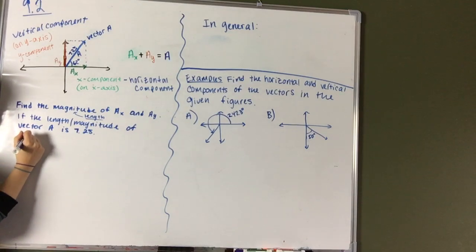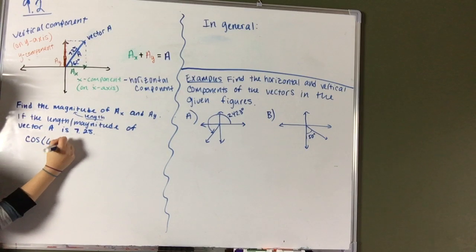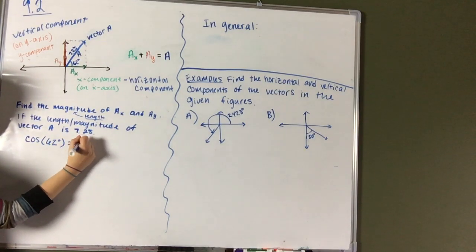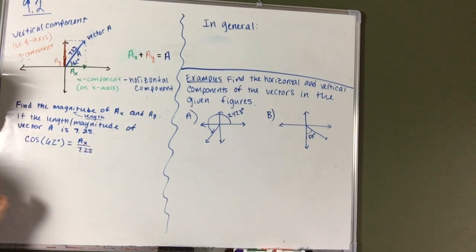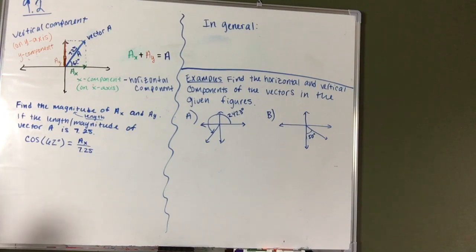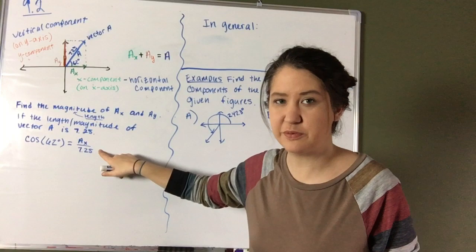So, would it be the case that cosine of 62 degrees would have to equal A sub x divided by 7.25? And then if we solve for A sub x, we're just going to multiply both sides by 7.25.